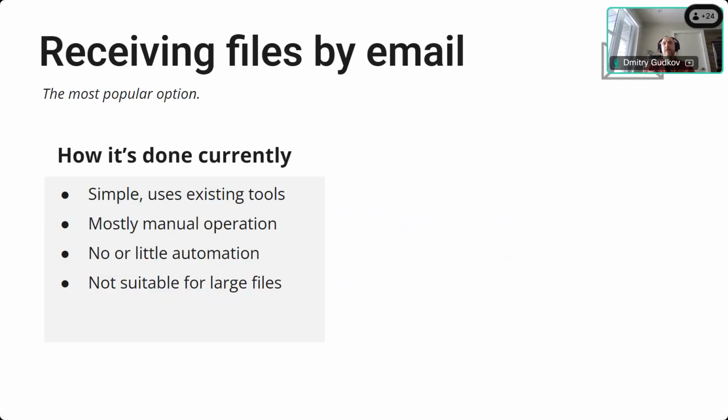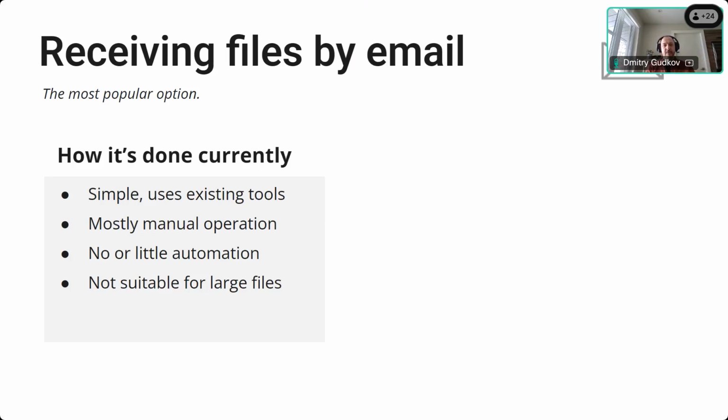So the first and the most important or frequent way people receive information is, of course, by email. If you work in an organization and you work with data, you know that it's a very common situation where you receive some files on a daily basis. Currently, it's mostly manual work, because you don't use any special tools.